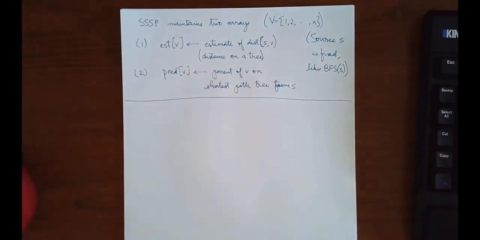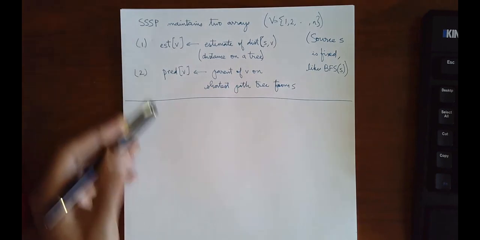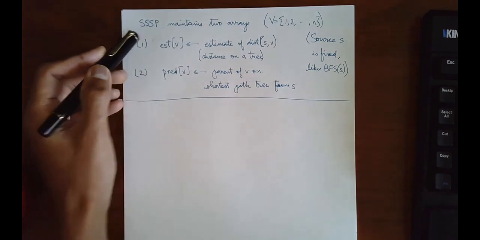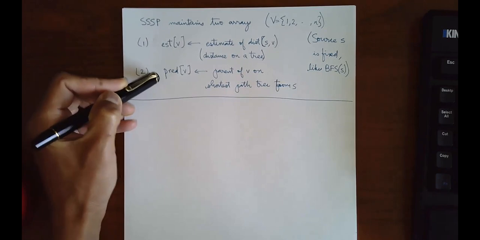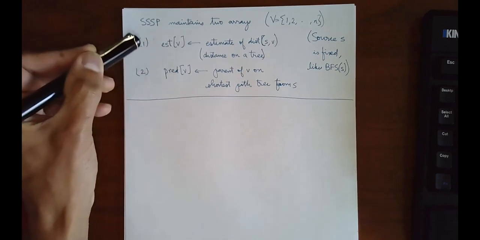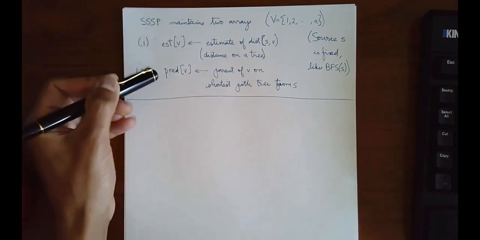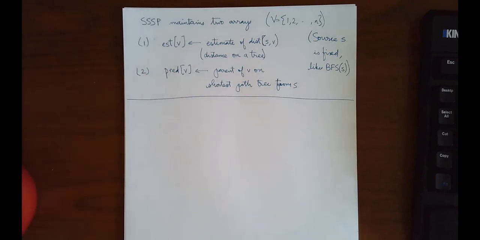So just like you have BFS maintaining these two arrays, single source shortest path algorithms maintain two arrays. They're slightly different. So one is the estimate, which is the current best estimate, and the next is the predecessor, which is the parent just as before. Okay? So I'm going to write one more thing and then I'm going to end.